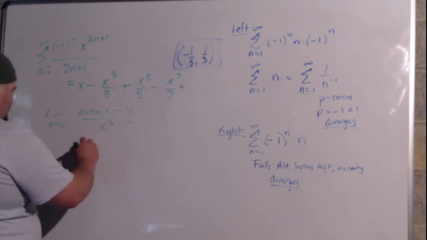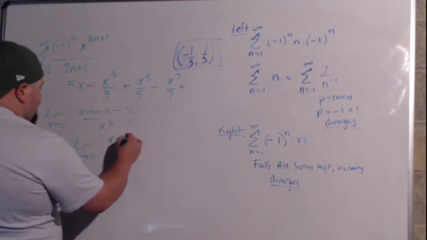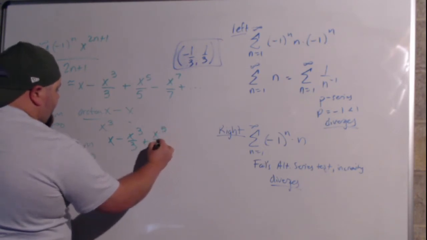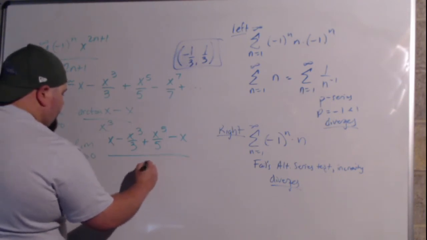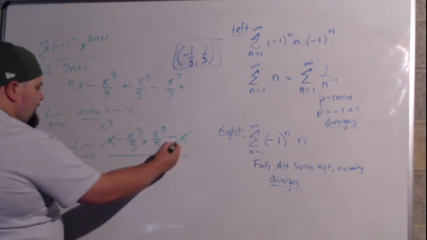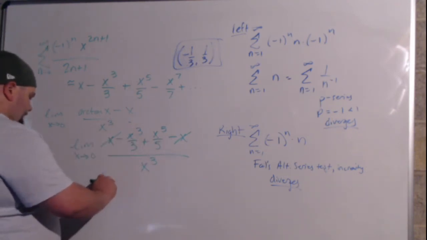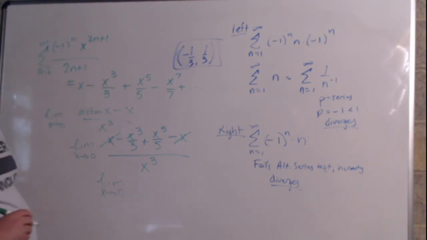So this is the limit as x approaches 0 of x minus x cubed over 3 plus x to the 5th over 5, all minus x, all over x cubed. So we can get rid of these x's. Is that the right limit, or did I change it up? Make sure I'm doing the right one. I think it is 0, because typically that's the only ones that help. Yep, okay.